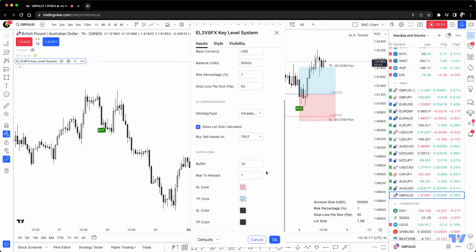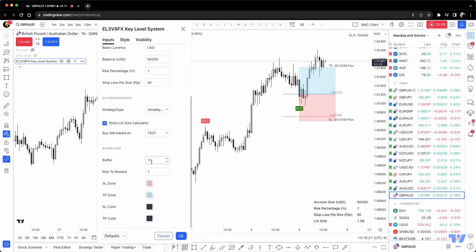Now you have another option right here, which is called buffer. The buffer basically gives you an extra margin. You see this red line at the price 190704. The buffer means you are going to be 10 pips below the line. So let's say, just in case price happens to go a little deeper, you want to put 20 pips.